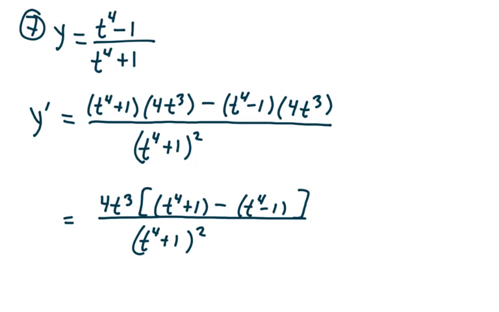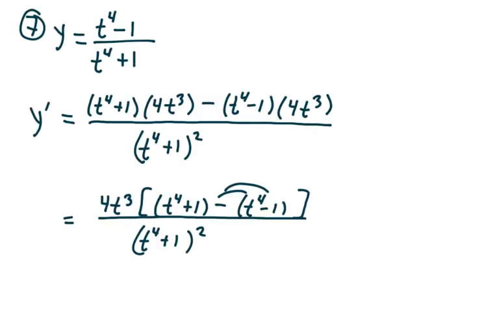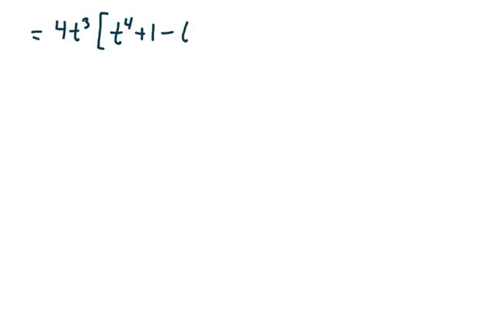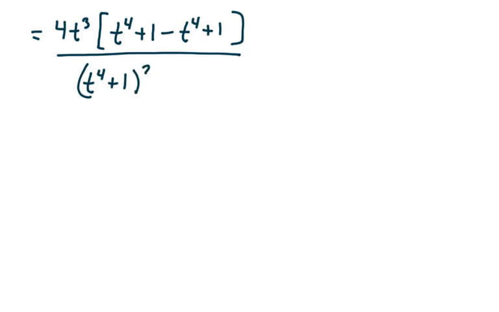Now, distributing that negative inside the bracket, we get 4t cubed times the quantity t to the 4th plus 1, that's the first piece, minus t to the 4th plus 1, divided by, and in the denominator, we have t to the 4th plus 1 raised to the second.